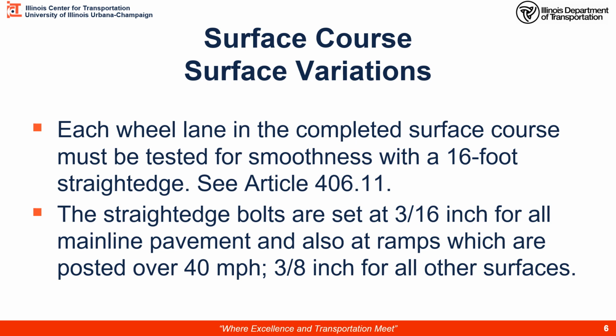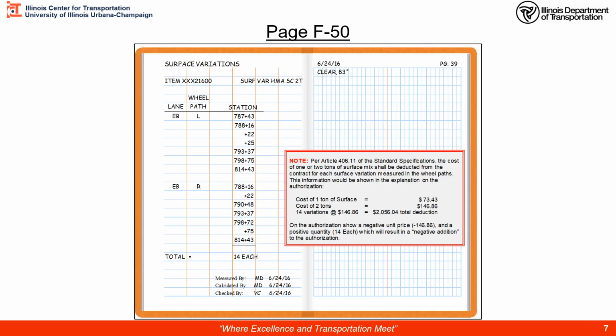All other areas get a 3/8 of an inch check. So then you roll on the straight edge and you get scratches on the surface, and that's what you count for your surface variations. Let's go to page F50 of the documentation guide.